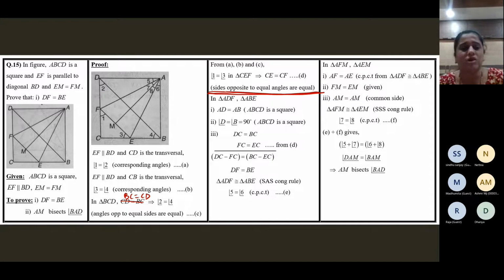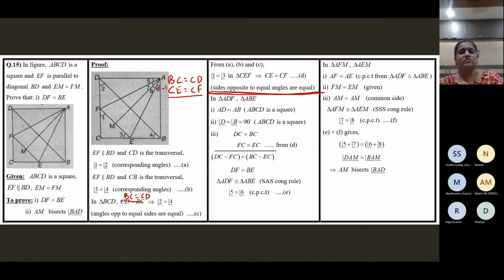Now after this, all of you make a note in your book. After this, you must write BC is equal to CD, in the bracket, sides of the square are equal. Then you get CE is equal to CF. We just proved CE is equal to CF. Subtract these two results.